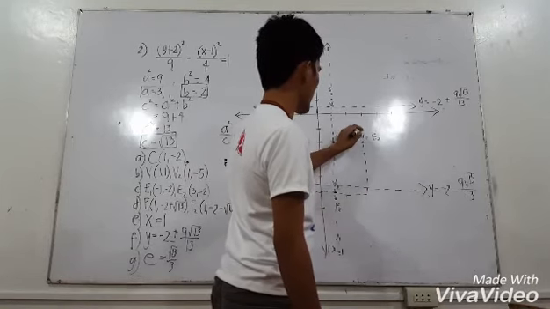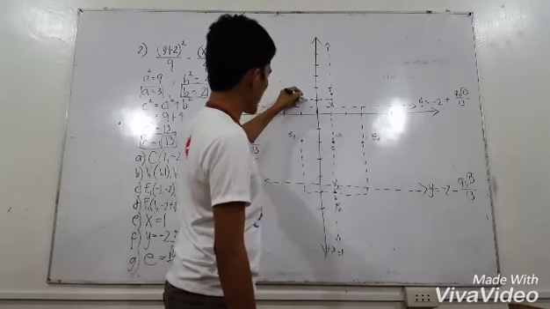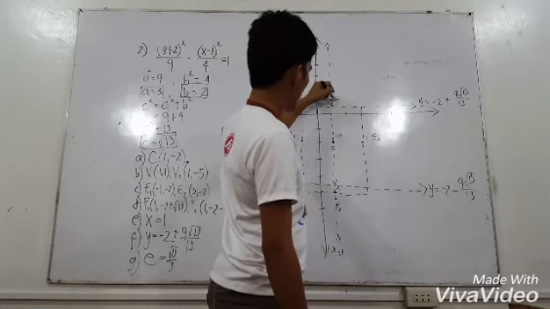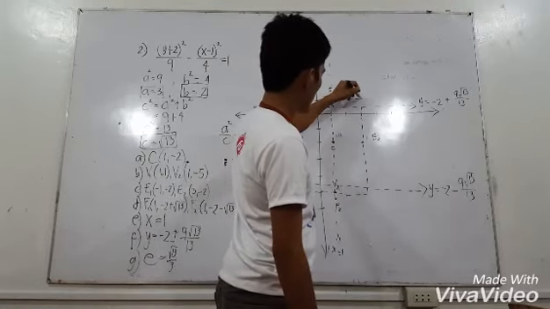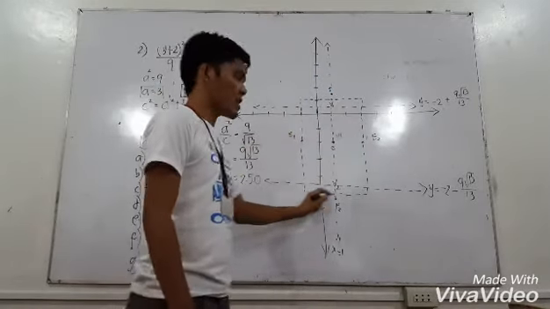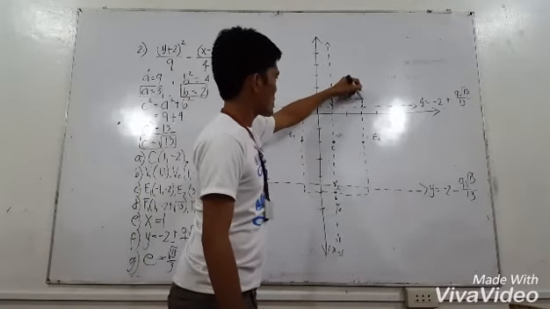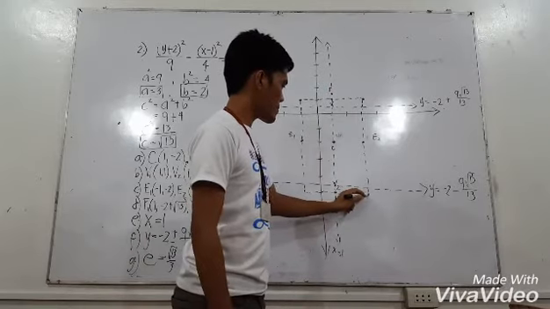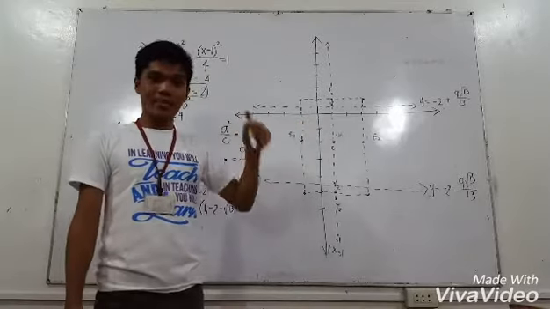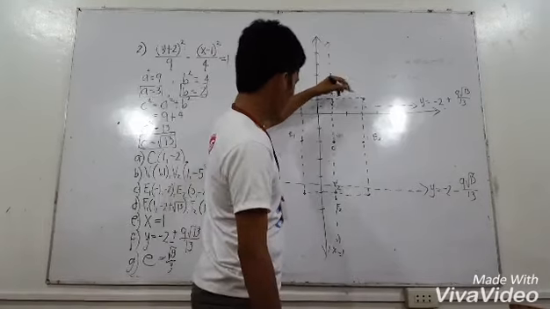And then we have this, and then we have this one, class. Okay, so this is now our auxiliary rectangle. We have here the vertices of the auxiliary rectangle. And then again, after the auxiliary rectangle, we make the asymptotes, the diagonal lines. We connect this one, class.